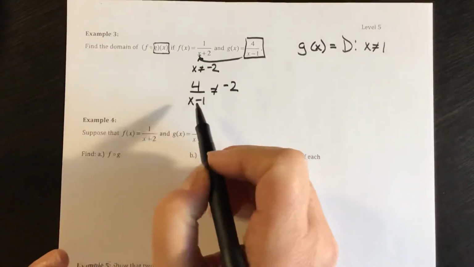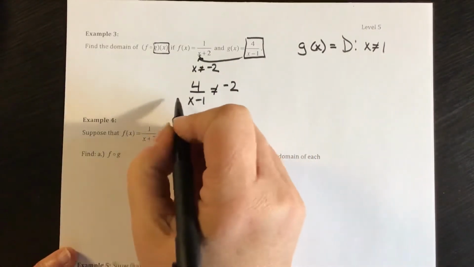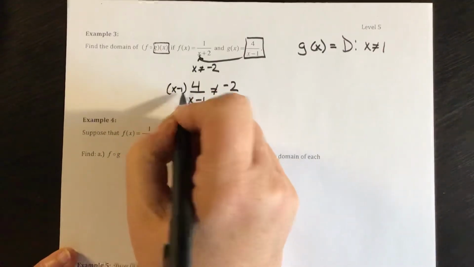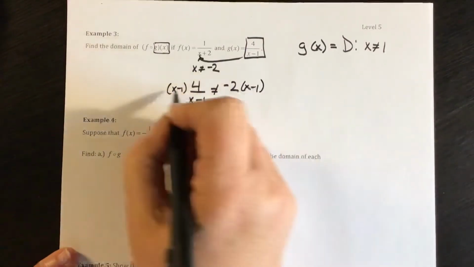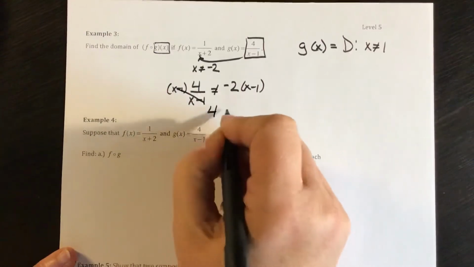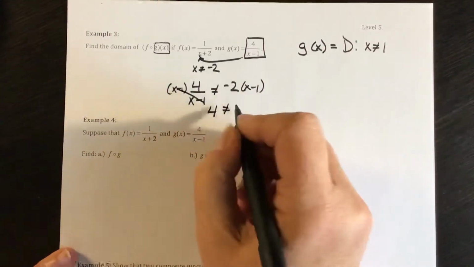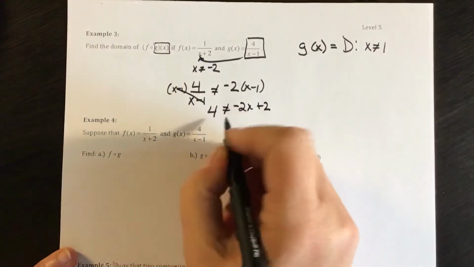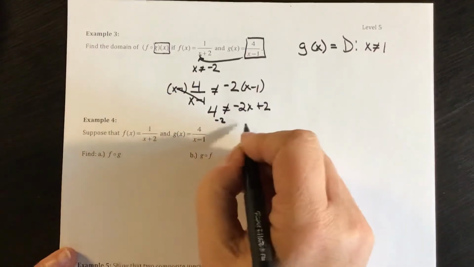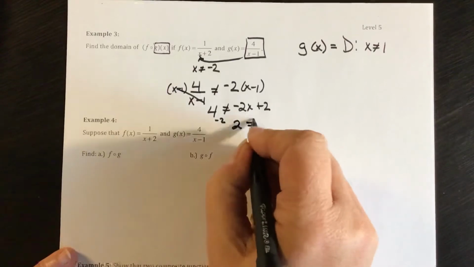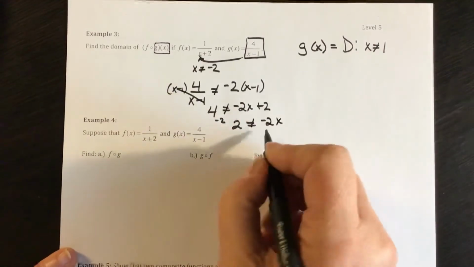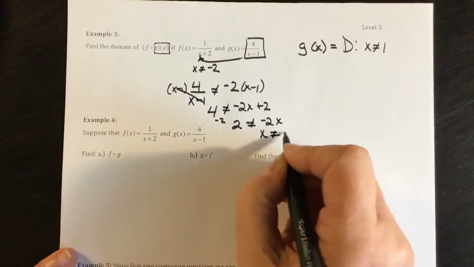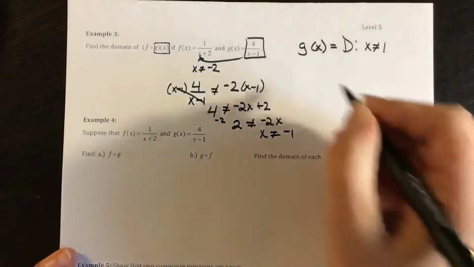If I simplify this, I'm going to multiply by x minus 1 on both sides. So that cancels, and I have 4 cannot equal -2x plus 2. Subtract 2. So 2 cannot equal -2x, and x cannot equal -1.